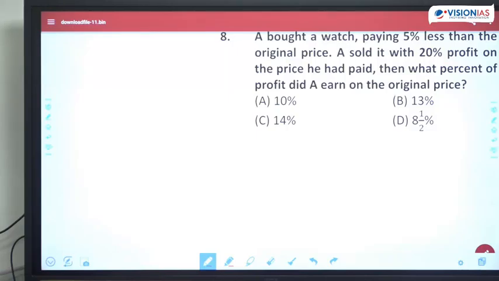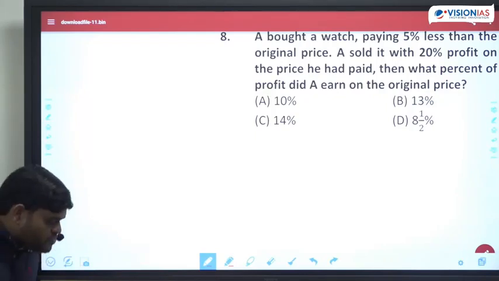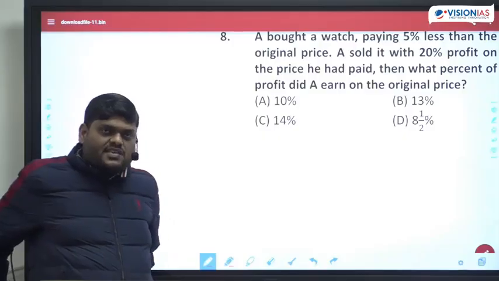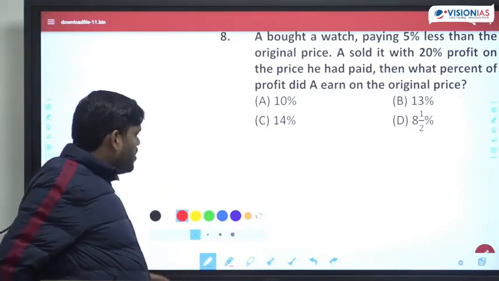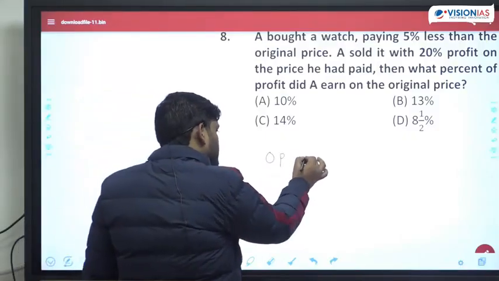Shivam, then Divyansh, C as the answer I am getting. Okay, so what we will do in this question, we will assume that the original price will be X. So instead of X, we will assume the original price as 100.